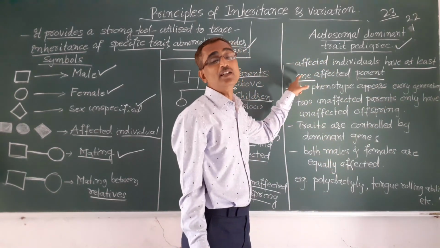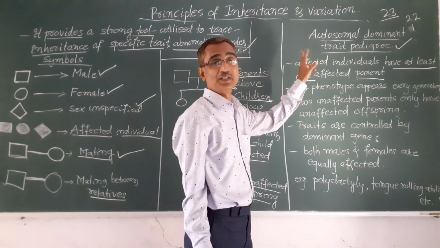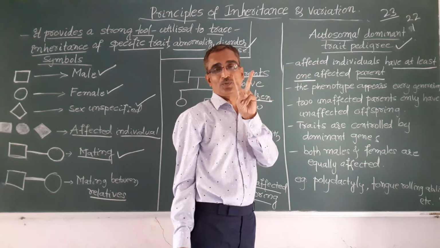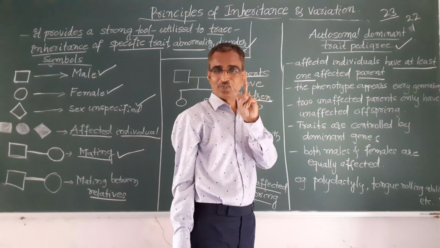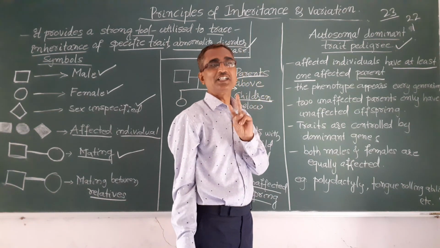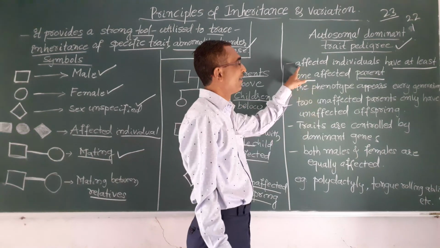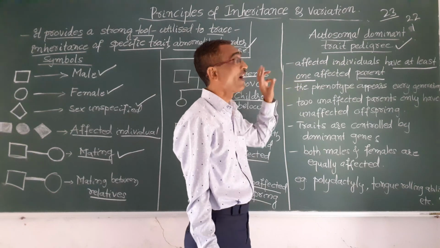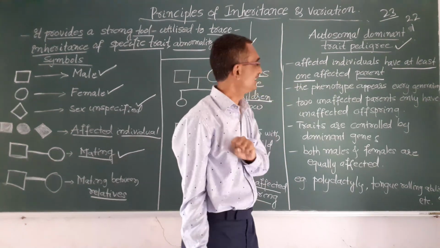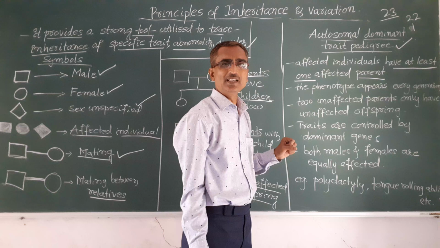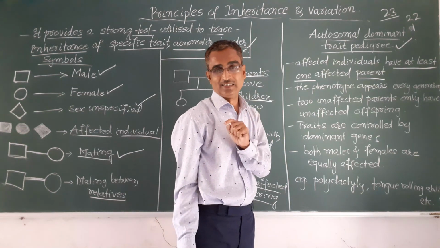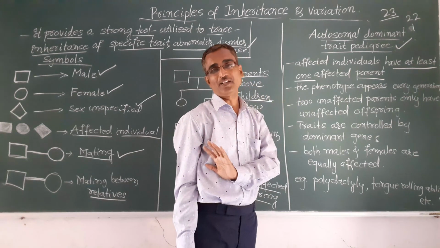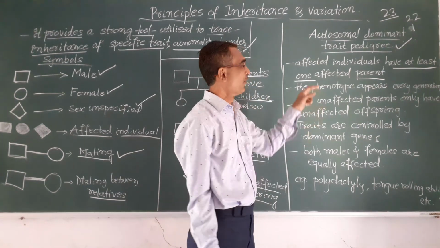In autosomal dominant trait pedigree, that means chromosomes not related to sex, if the trait is dominant, affected individuals will have at least 1 affected parent. That means if a child is affected with the disease, then one of its parents must be affected with that disease.